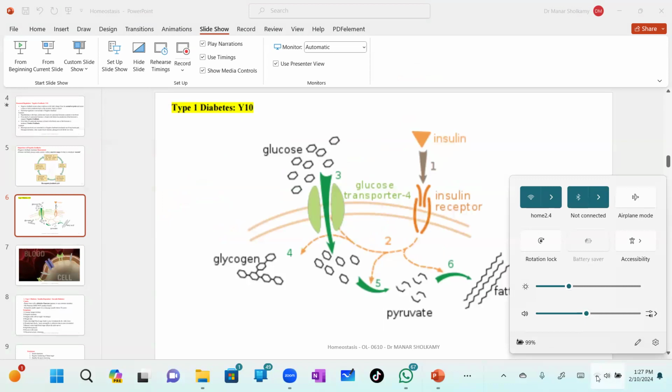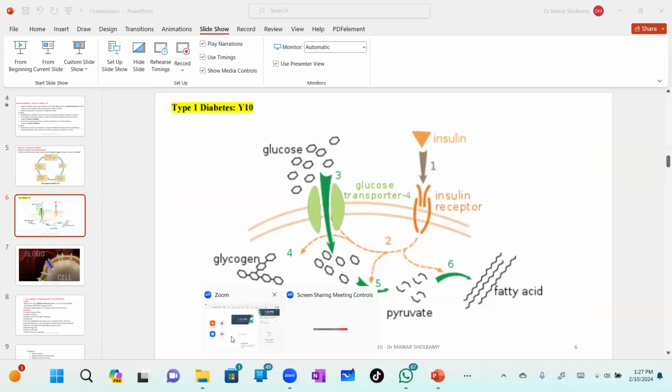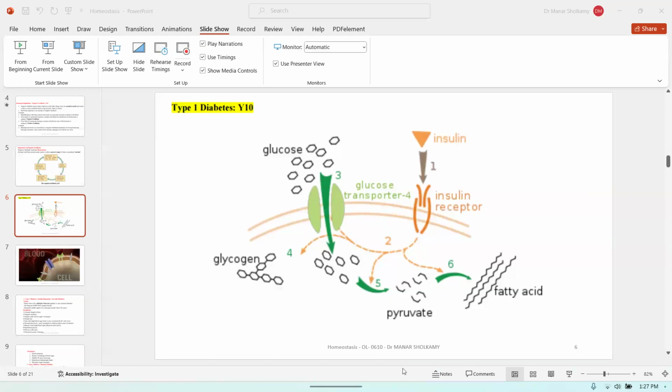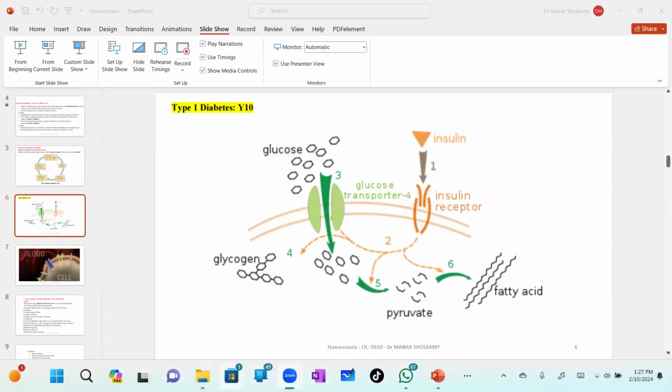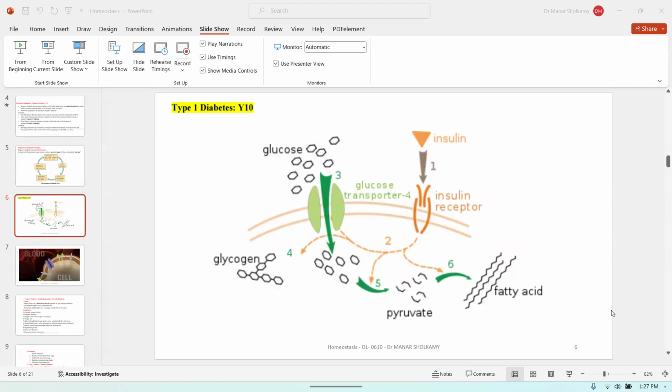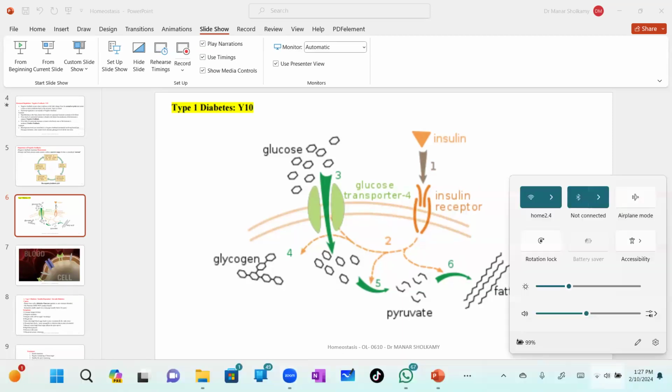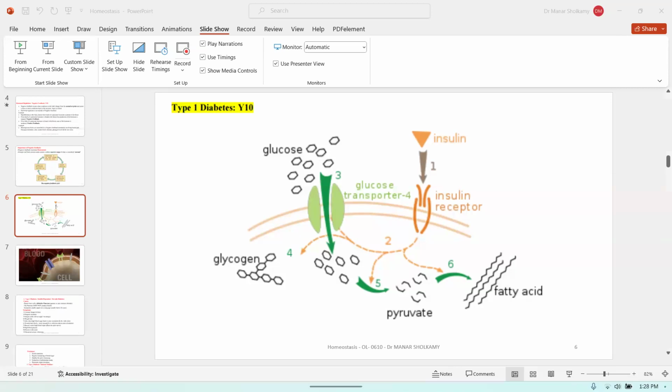Yes, the connection is very weak. Okay, give me a second. Is it still not shared? Still no.